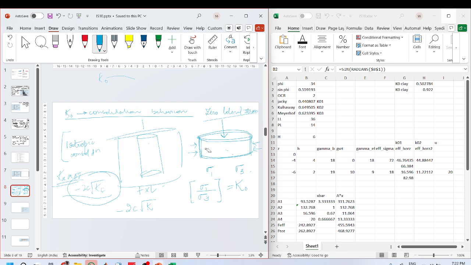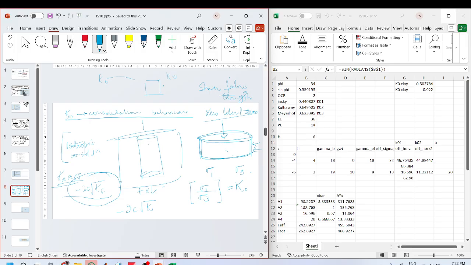It is also more relevant in your shear failure or shear strength topic, because there also, if you are assuming a K naught condition, that is, there is no lateral strain condition, then your sigma 1 over sigma 3, whatever you are calculating, is basically K naught itself, isn't it?